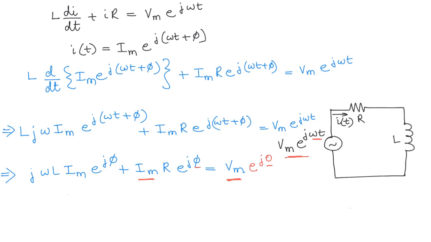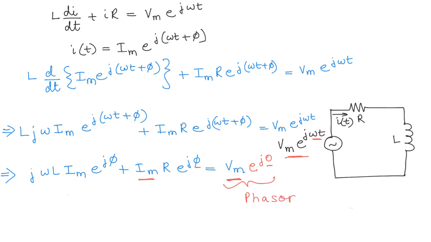The answer is yes. And before we see how we solve this circuit in that way, this form of writing the input without the frequency is called the phasor representation of the signal. Okay, so this is the phasor representation of the signal.